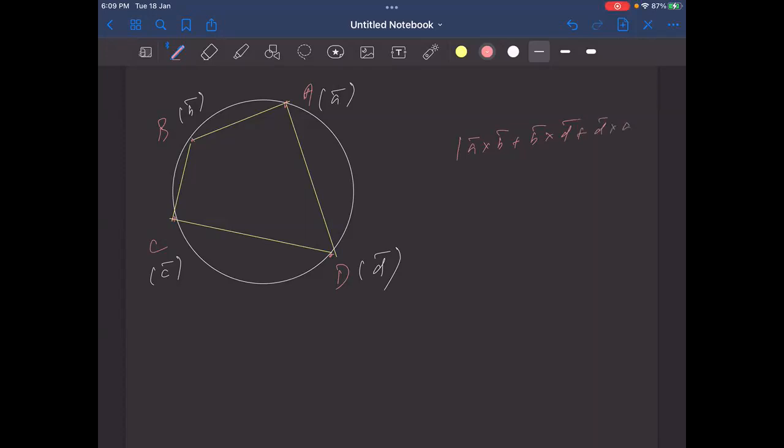Which triangle area it will be? Anyone? अरे किस ट्रायंगल का एरिया होगा ये मॉड वाला साइन A cross B plus B cross D. Will it be the area of triangle ABD?